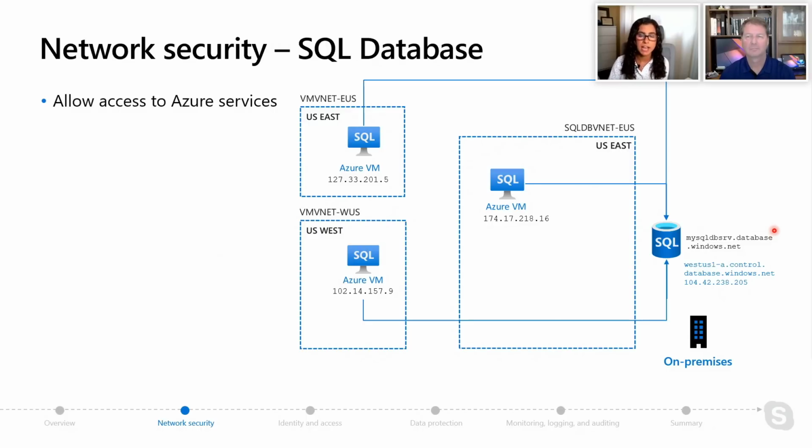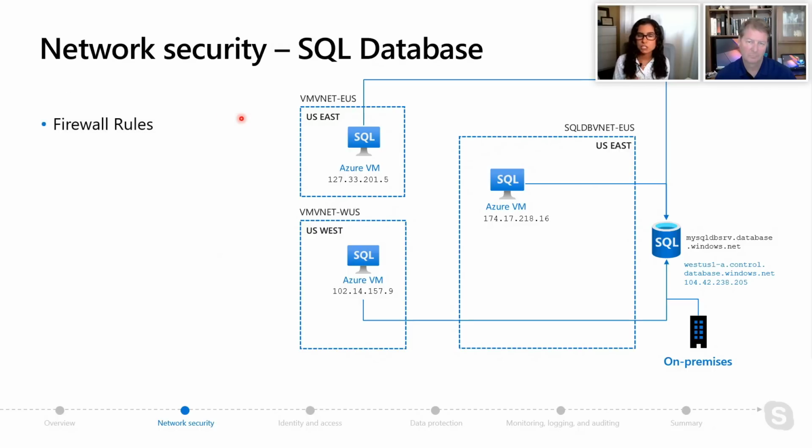What those Azure virtual machines are able to do with this allow access to Azure services, which is simply just a checkbox, is they can access any Azure service, can access the Azure SQL database logical server if it has the credentials to do so. From a networking perspective, though, it's not blocked. Now, what you can't do with this is on-premises is not really able to access that because, as the name suggests, it's just Azure services.